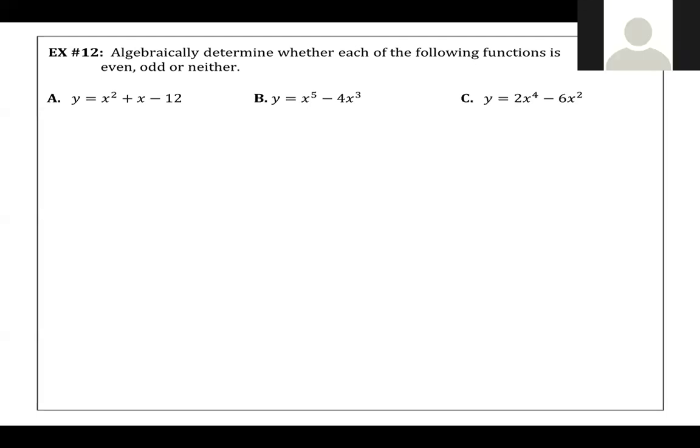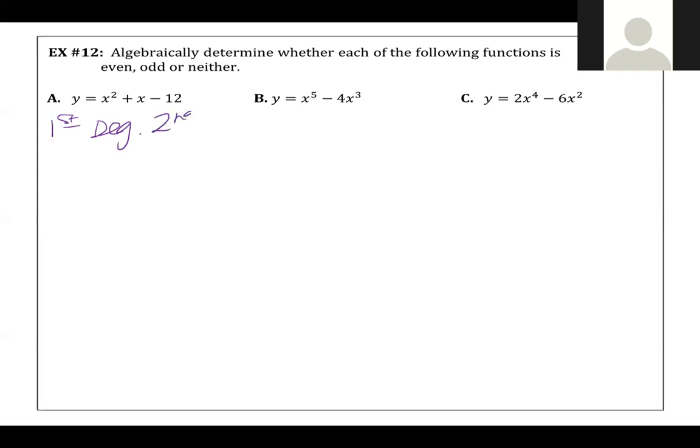All right, the degree tells you whether you're testing for odd or even behavior. Even degree functions are going to possibly be even symmetry. Make sense? Odd degree functions are going to possibly be odd symmetry. Okay, so the first thing you check for is the degree of the function. So the degree of this function is what?